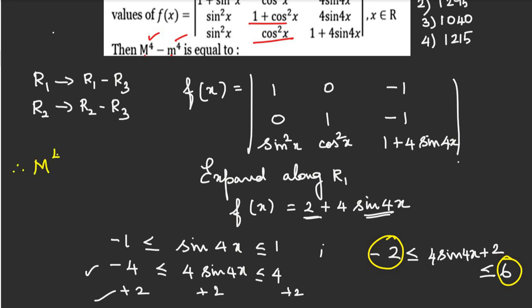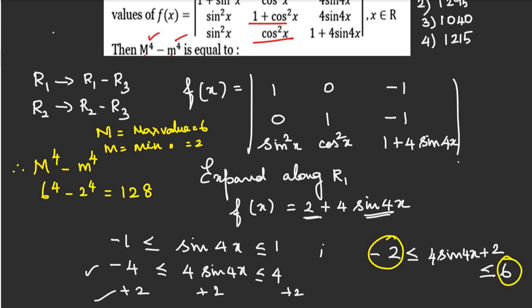Therefore M to the power 4 minus m to the power 4, where the maximum value M is 6 and the minimum value m is 2, is 6 to the power 4 minus 2 to the power 4, which is equal to 1280. So our answer is 1280.